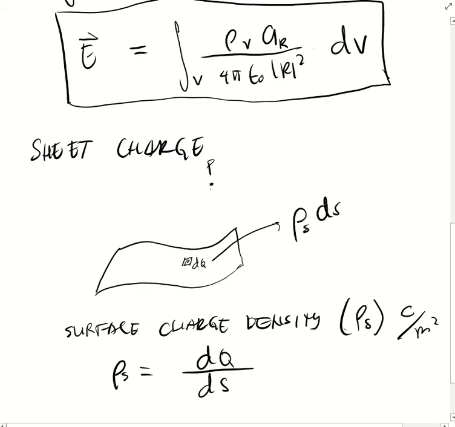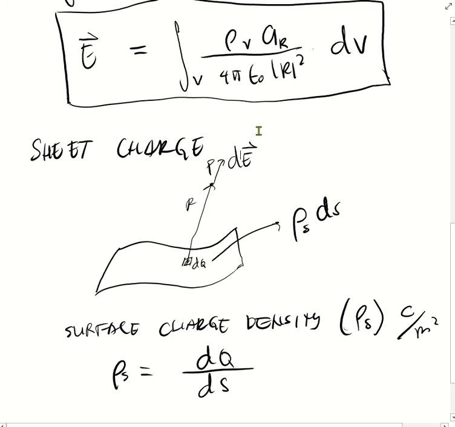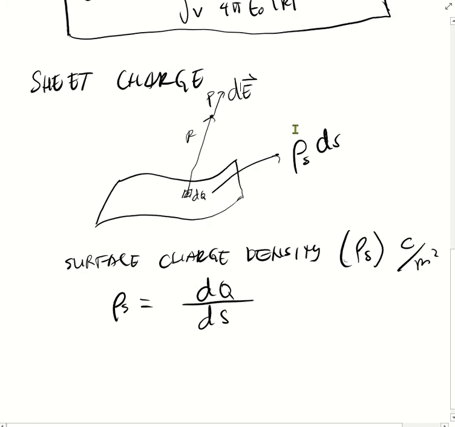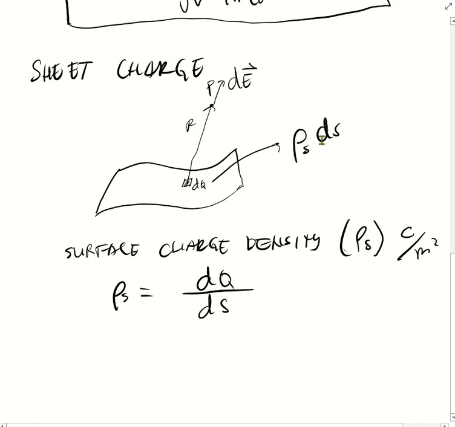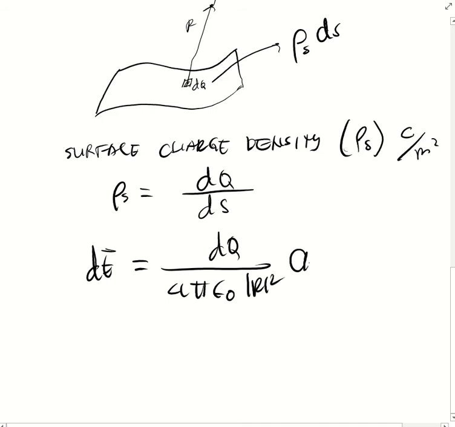To solve for the electric field at P, we again need R, and the result will be a differential E. That differential E is the same as what we did here, but this time, instead of rho V, we use rho S, and instead of dV, we use dS. So the formula is dE equal to dQ all over 4 pi epsilon naught R squared AR. The formula is still the same; only dQ changes.